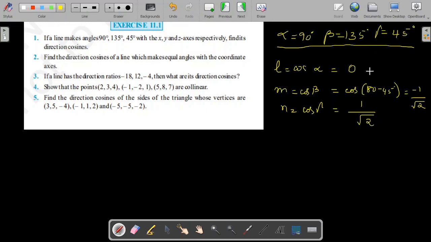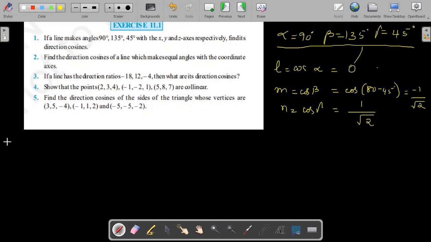Both mean the same, but the way of telling is different. This is algebraically, this is geometrically. But every time you can't measure the angle and draw the line. It is impossible to draw a line in space using pen and paper, because pen and paper is two-dimensional. So in that case, the study is made easy just by getting its direction cosines.